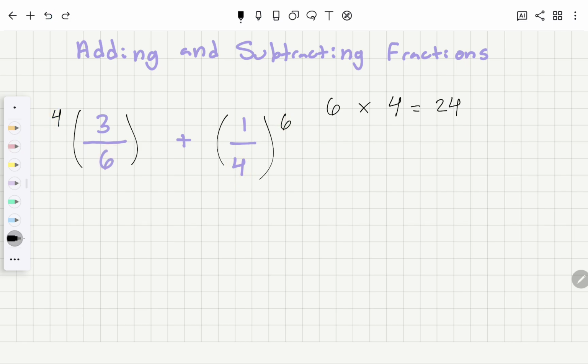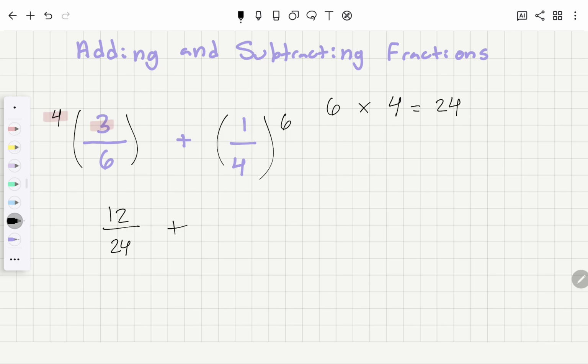Now what I have to do is essentially multiply my fractions. So I'm going to do 4 times 3. What is 4 times 3? 4 times 3 is 12 over 4 times 6 is 24, which is our 24 over here.